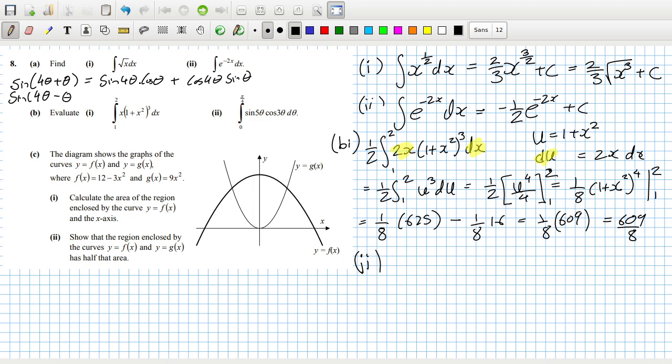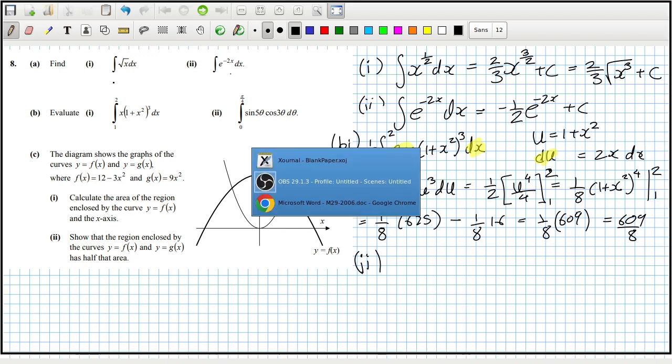Oh, sorry, no, that's not quite right. Sine theta plus 3 theta. No, I'm trying to figure this out. It's been a while since I've done my trig rules. I'll have to resort to looking into the logbook, won't I?